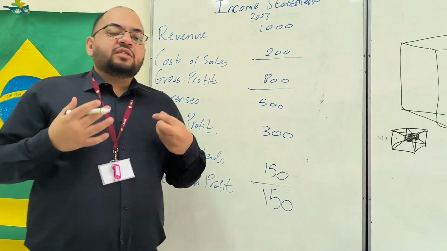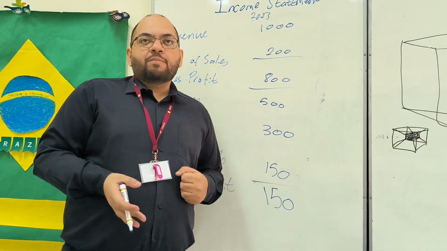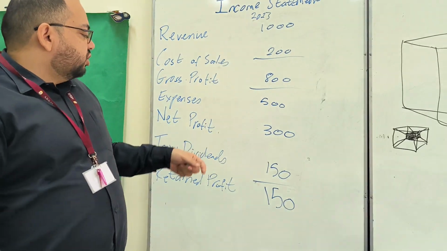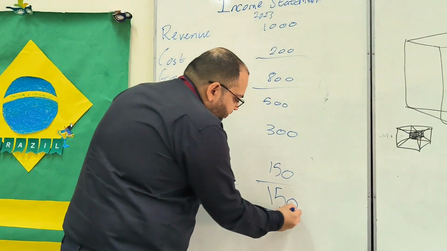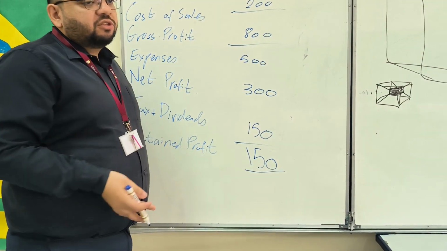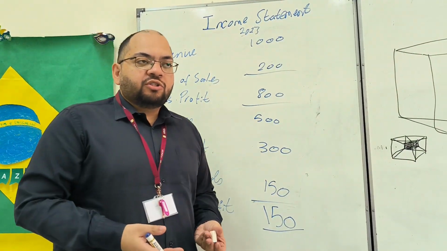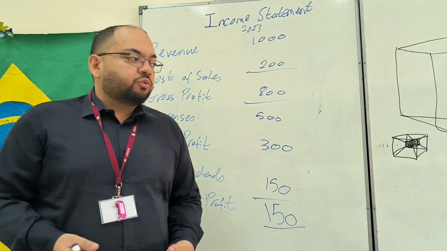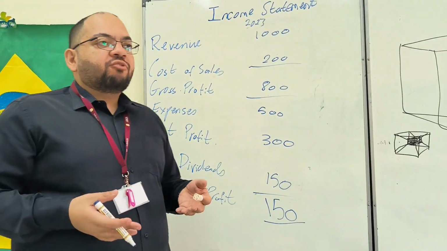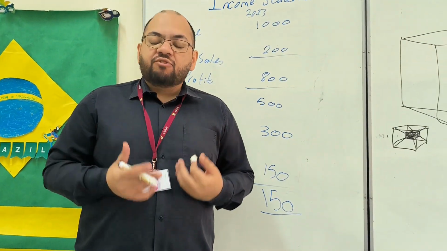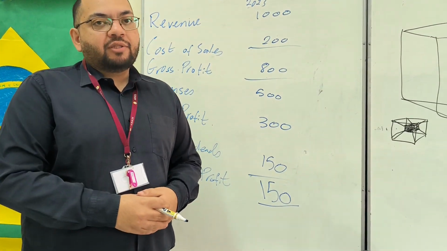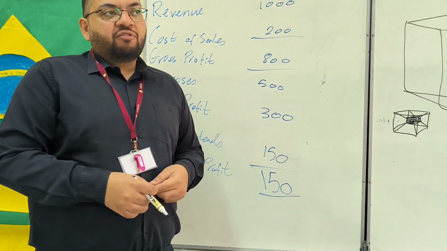So now we can decipher how the company has done over the course of the year. You can see, first of all, that they've made a profit. They're at a positive figure. They're able to pay their shareholders dividends, which means that the shareholders will be happy. But in order for us to do a full analysis of it, we need to compare it with another year of operation.